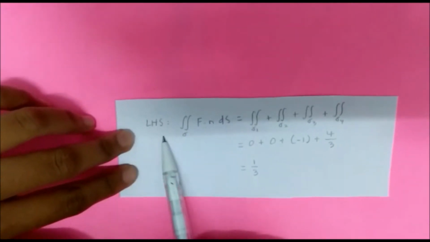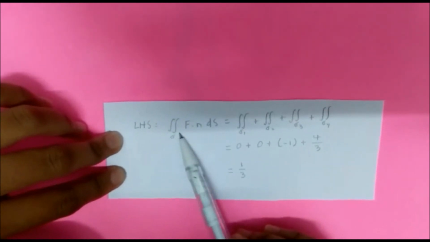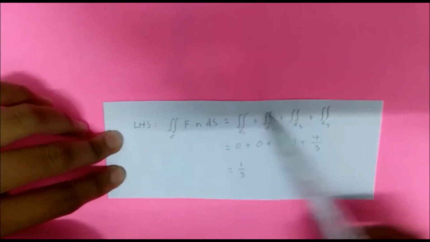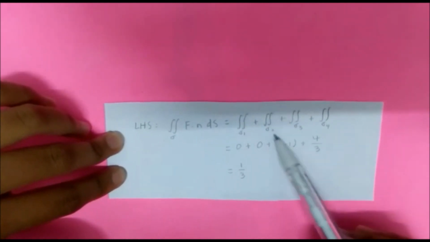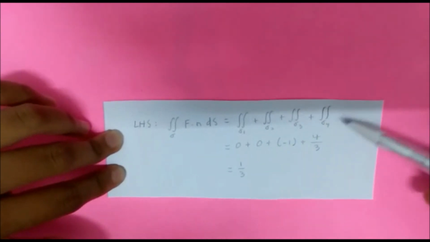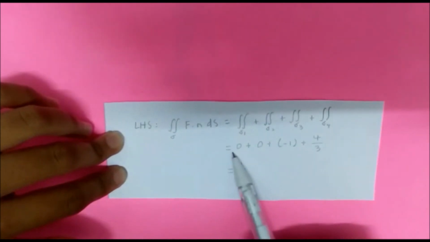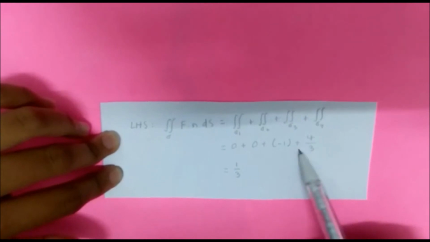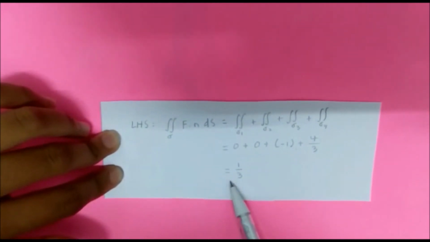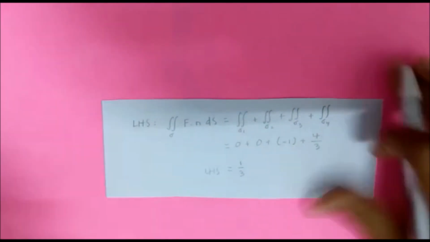First, for LHS, after we make the double integral of F dot n dS, we need to sum the double integral of plane 1 plus plane 2 plus plane 3 plus plane 4. And we know that this equals 0, we got 0, negative 1 and 4/3. So we got the answer for LHS is 1/3.